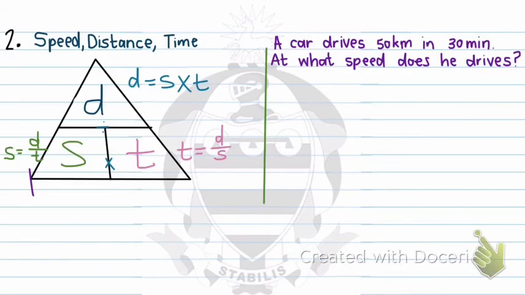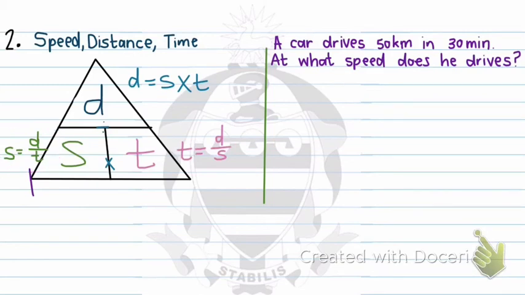Okay, so let's look at an example here. They tell us that a car drives 50 kilometers in 30 minutes, and then they ask us at what speed does he drive. So we are going to use this formula, because we want to work out speed. They give us the distance, it's 50 kilometers, and they give us the time.